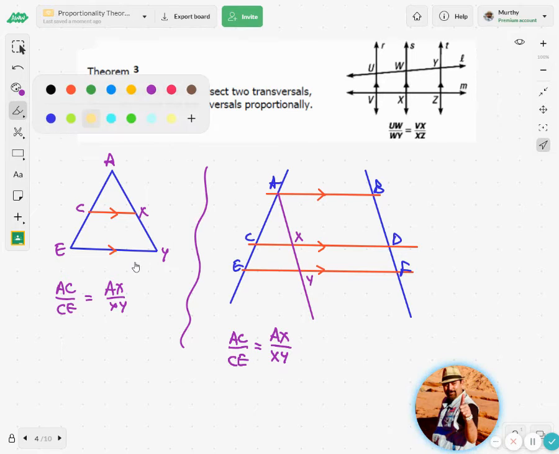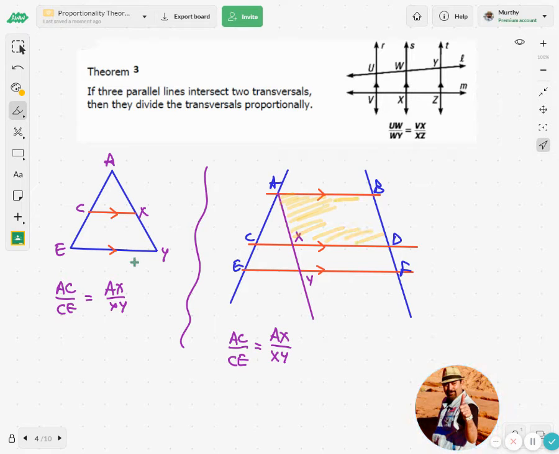Now, I'm taking my highlighter and this is a parallelogram. You see that AB is parallel to XD and also AX is parallel to BD. In a parallelogram, opposite sides are equal.